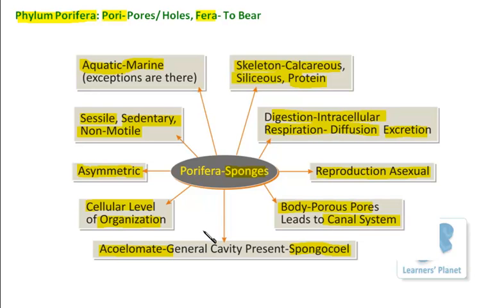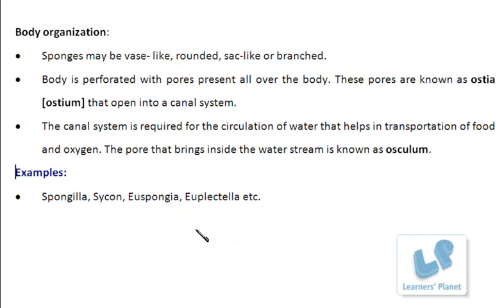Besides this, there are some other specifications about these organisms. This specification is regarding the body organization. The basic points I have explained, but some questions might come to your mind: if they have no tissue formation, a cellular grade of organization, and such a simple structure, then how will they look?